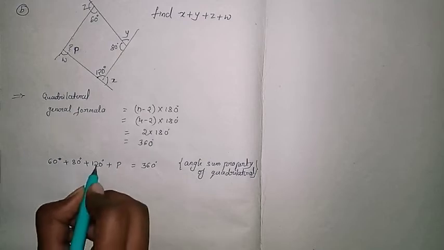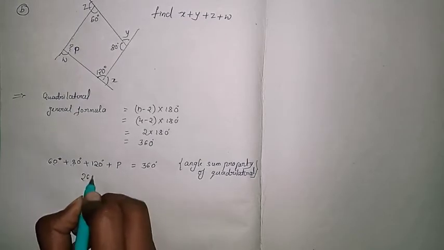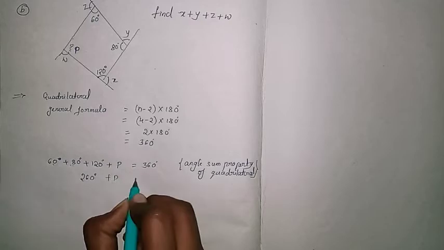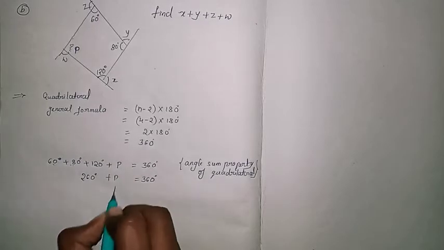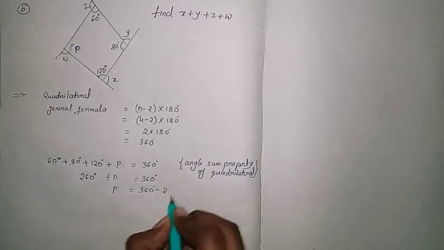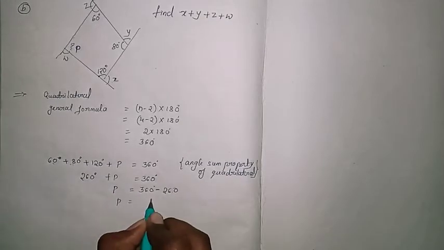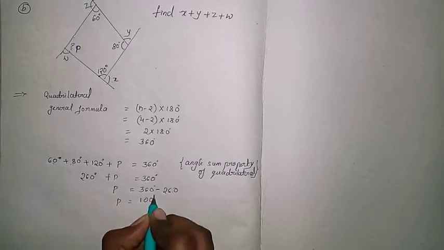So now 120 plus 80 is 200, plus 60 is 260 degree, plus P is equal to 360 degree. We want the angle P, that is 360 minus 260, that means 100 degree.